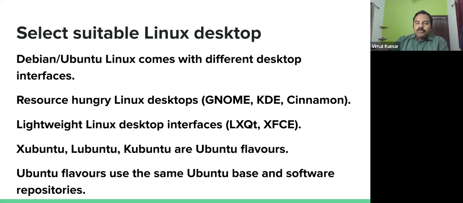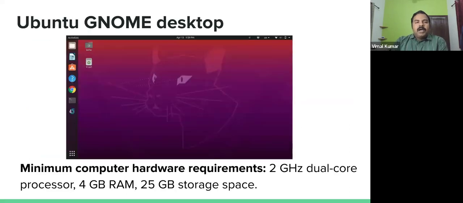Okay, we have seen the suitable desktop. This is the Ubuntu GNOME desktop. We are familiar with this desktop, purple color. This is a GNOME desktop. GNOME desktop is very heavy. So if your computer is very old, or you don't need a heavy desktop, you can choose another desktop.